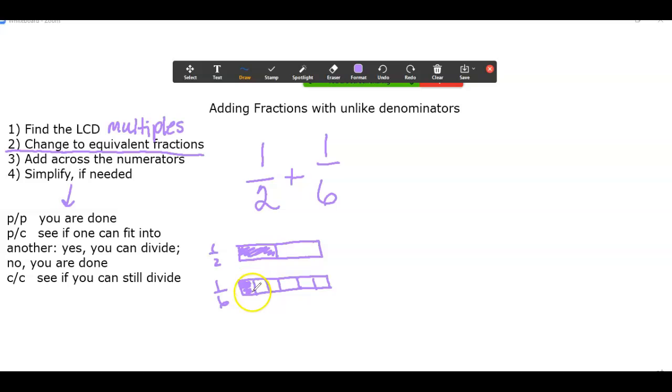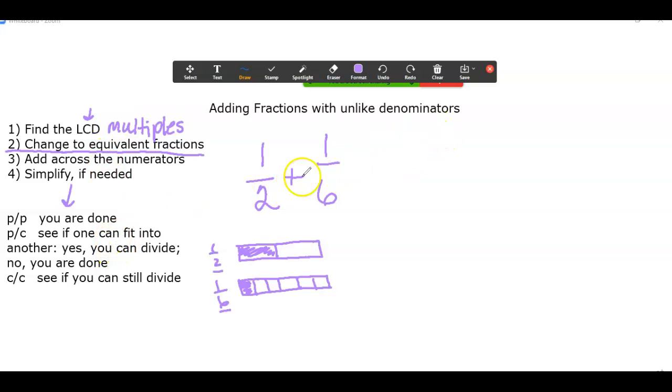So as of right now, I cannot take this 1/6 and put it over here because this is not equal to this 1/2. So I cannot add those together because they have different denominators. In order for me to put a piece with either side, this one here or this one here, they have to be the same denominator. So that's where I'm going to find my LCD.